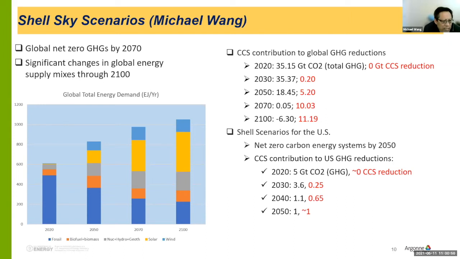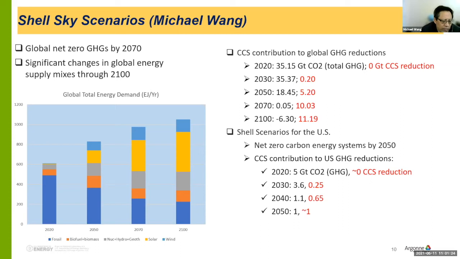And on the right side, I pulled up the CCS contribution to global GHG reductions in the Shell Sky scenario. As you see, from 2020 the total global CO2 emissions would be about 35 gigatons a year. It's going to reduce to about 18 gigatons by 2050.